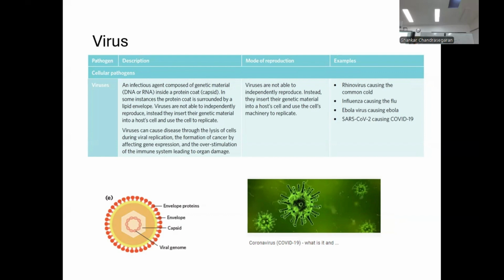So this is the case where we have an infectious agent which is basically just made up of DNA or RNA. Not all viruses have DNA even. Some of them are so simple that they only have RNA inside them, encapsulated inside a protein coat called a capsid, right?